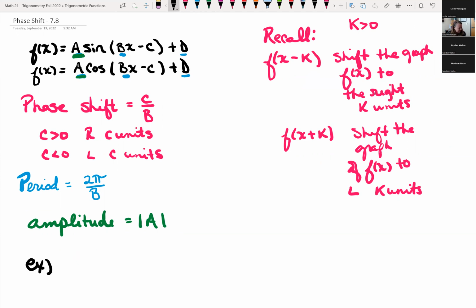So let's look at how about y is equal to 2 cosine of 3x plus pi halves. So the direction says find the amplitude if one exists, period, and phase shift of each function. Graph each function, be sure to label key points, and show at least 2 periods.